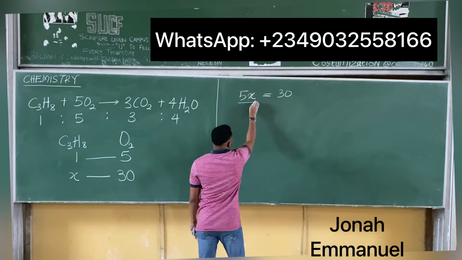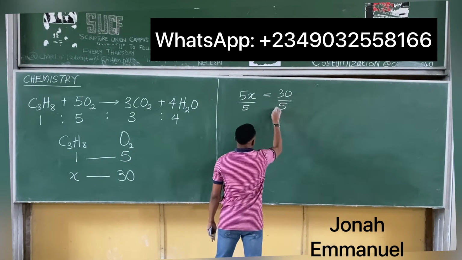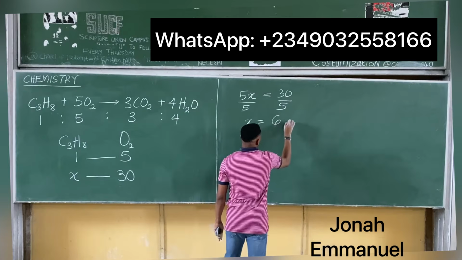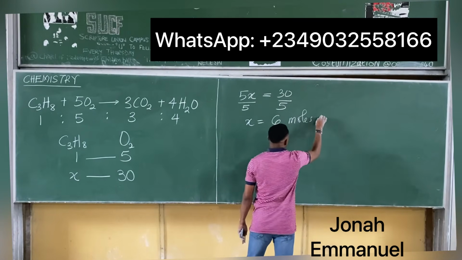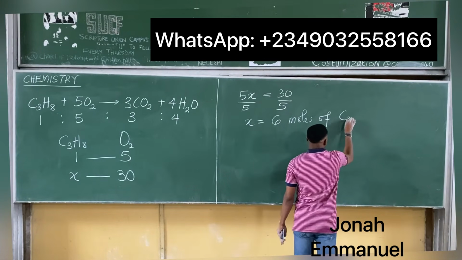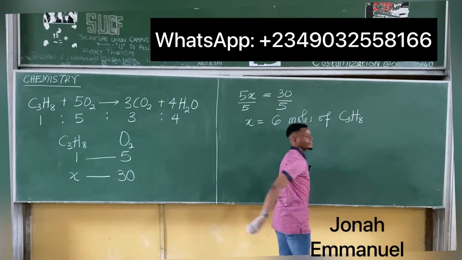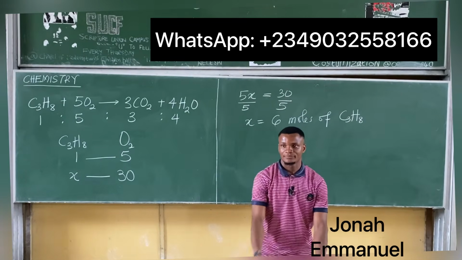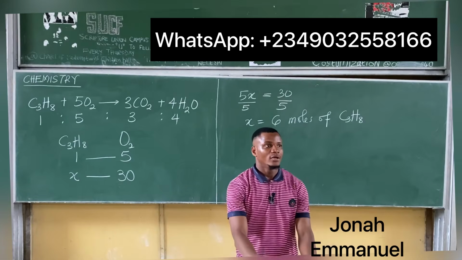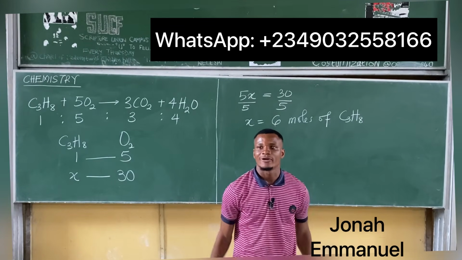To get X, divide both sides by 5. X is equal to 6 moles of propane, C3H8. That's all you're solving. Just do a small inference and we're done.